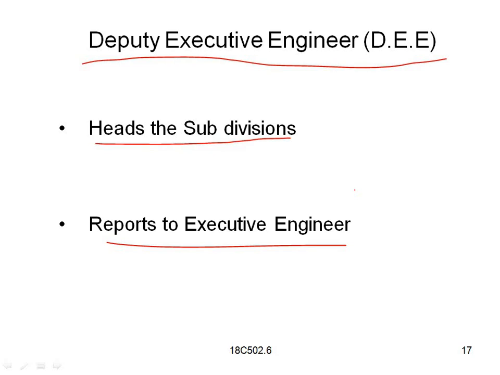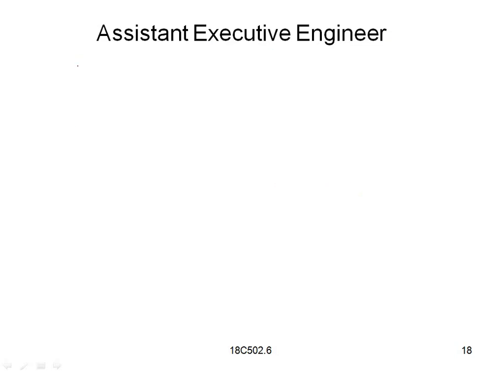Okay, so one by one, based on experience, the persons will go to the higher levels, and they will get promotions, transfers, everything. Okay, so the deputy executive engineer is nothing but the head of the subdivisions, and he should report to the executive engineer. And the next one is the assistant executive engineer.